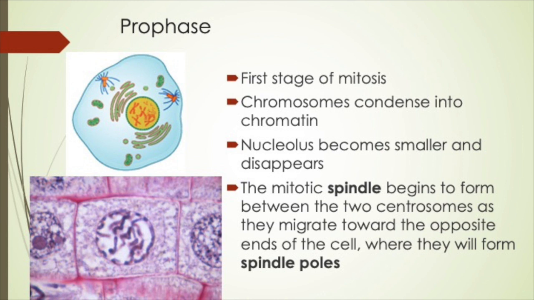Chromosomes condense into chromatin. The nucleus becomes smaller and it starts to disappear. Right? The nucleolus becomes smaller and it starts to disappear. That nuclear membrane starts to disappear as well, right? And so it starts to degrade.